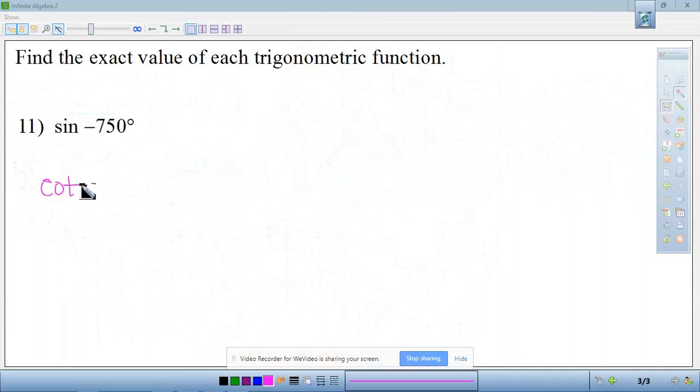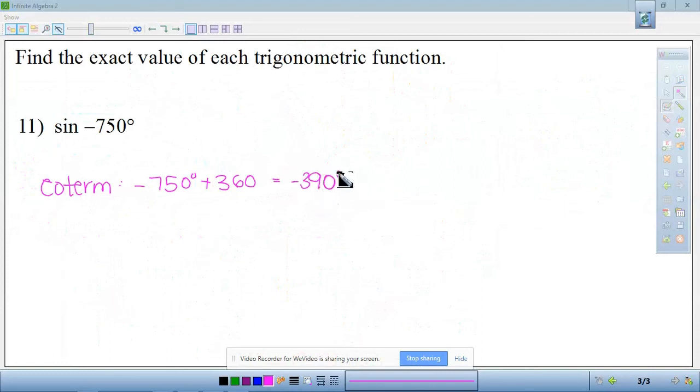So to find its coterminal, I'm going to add on 360. And if I add on 360, I am left with negative 390.